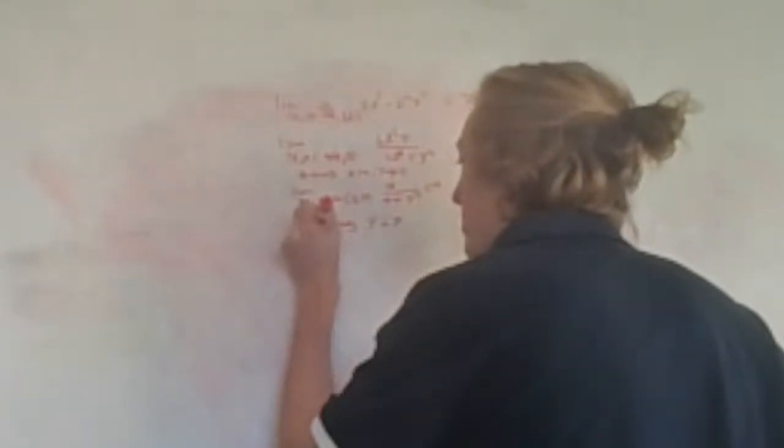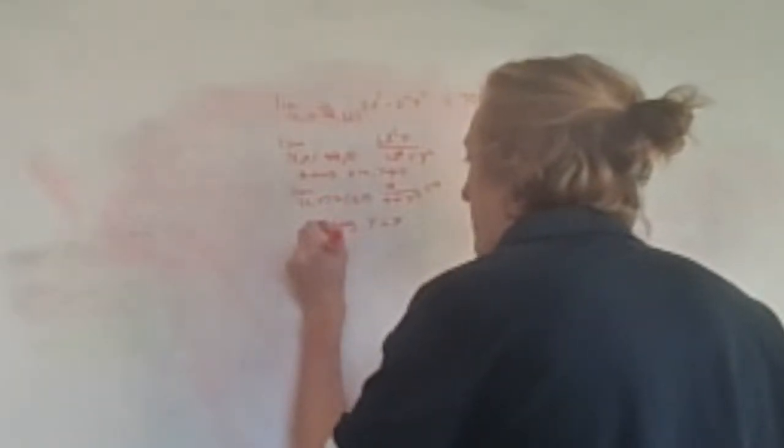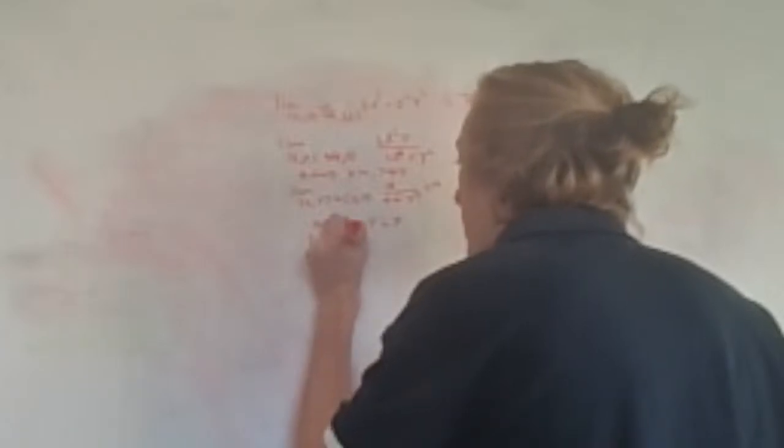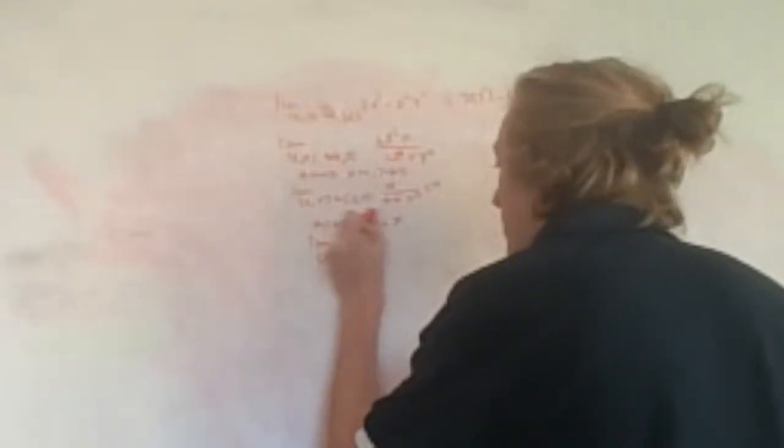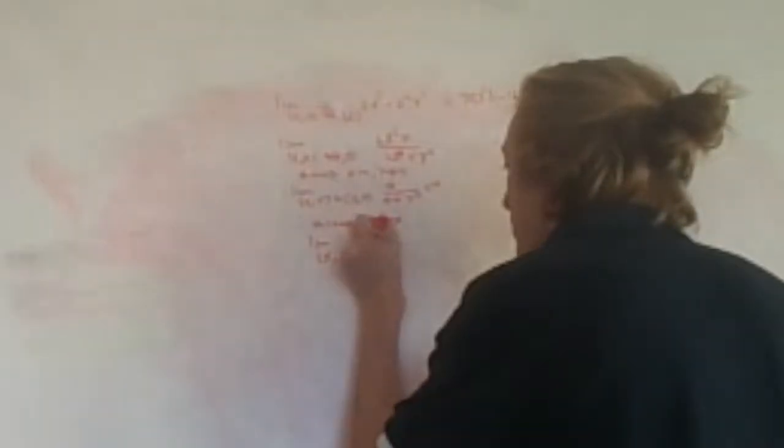Then it'll be the limit as (x, x) goes to (0, 0), so it's not (x, y). This is also effectively a single variable limit.